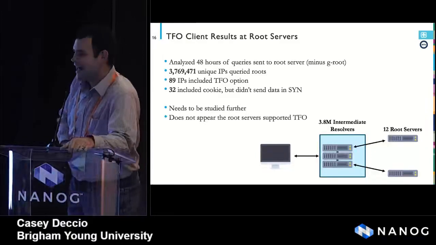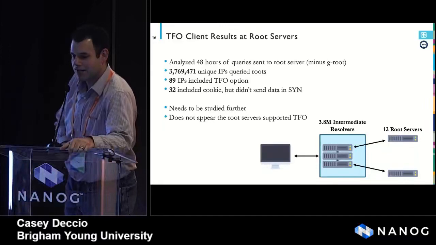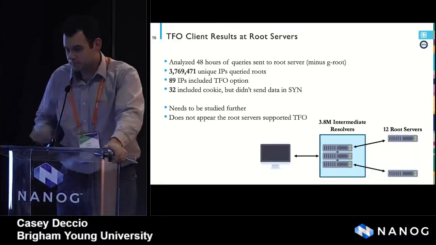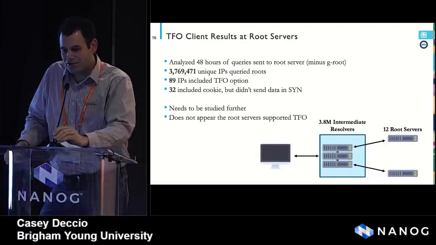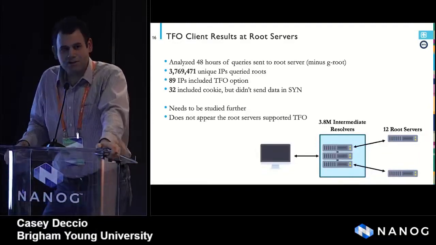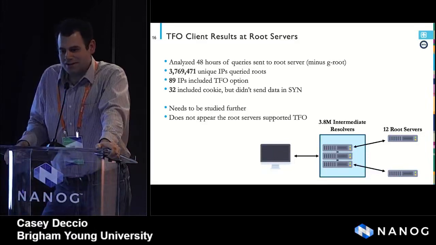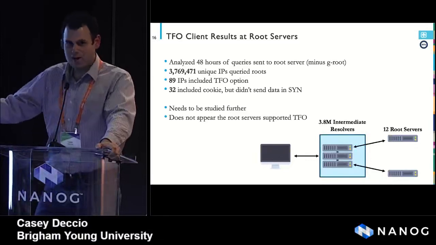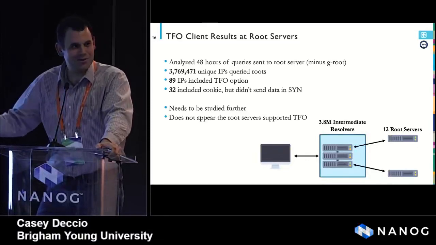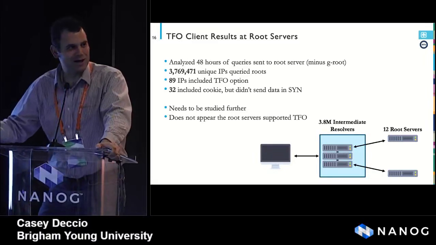And if you can see, we had 89 of those clients that included the TFO option. Okay, and 32 of those included a cookie, but didn't send any data in the SYN. In other words, this time it was the client not taking advantage of the TFO. We have no idea why this is, and we're trying to figure it out in our lab environment why this was.